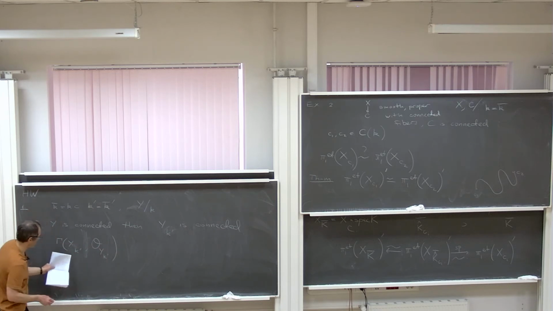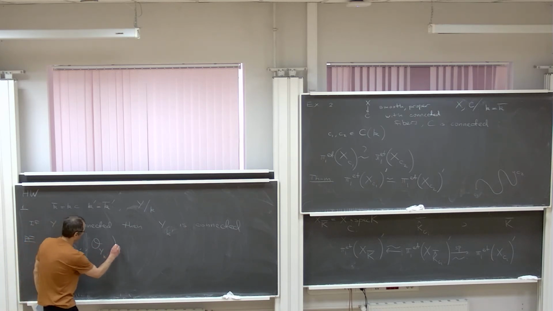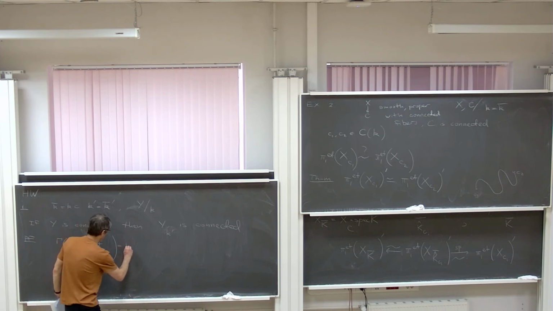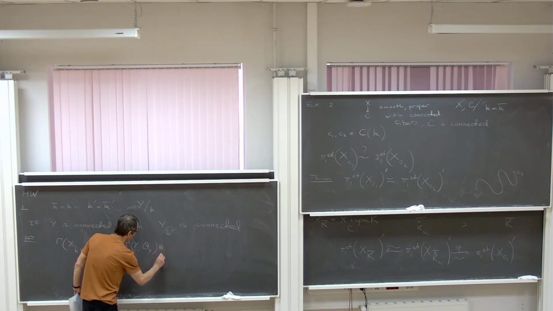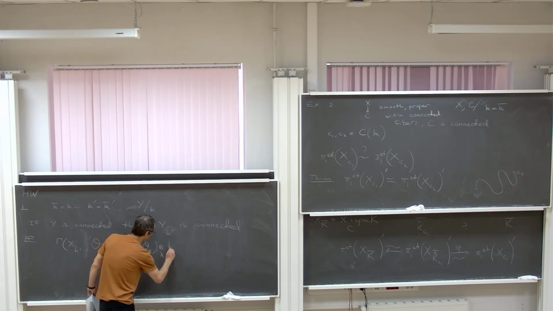Okay. So now, what is this? This is just global functions on Y, tensored over K by K prime.